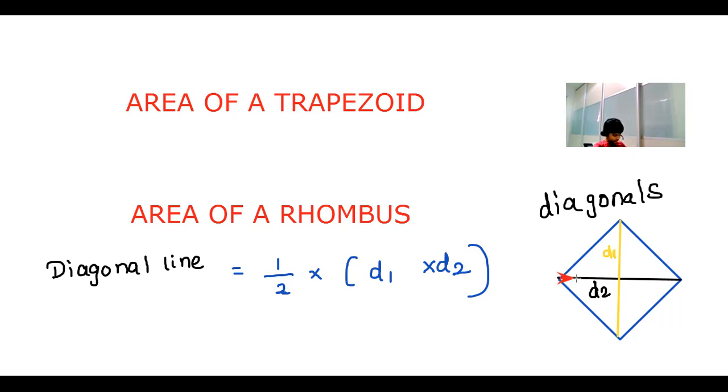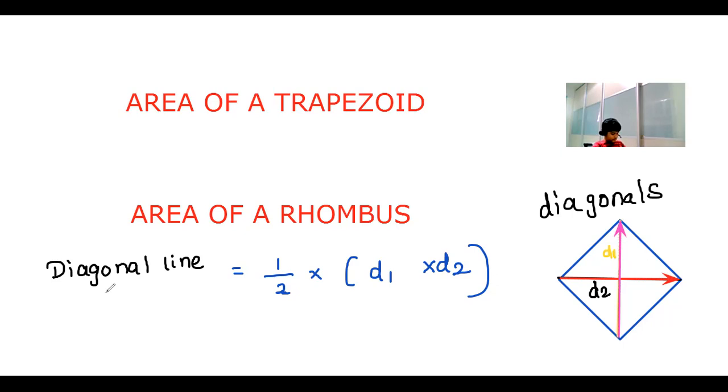Can you see it? It connects these two corners, the left and right. Similarly, you take this. It passes through the middle of the shape, and of course, it does connect both the corners.